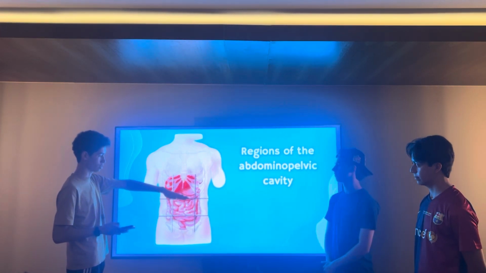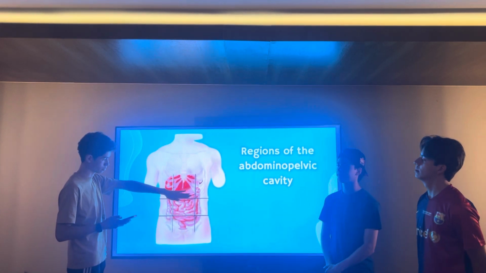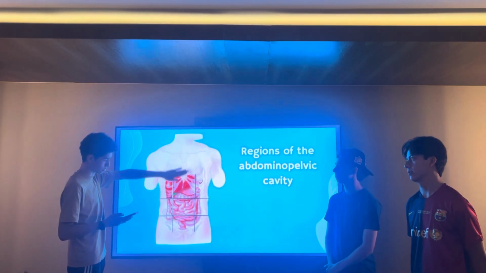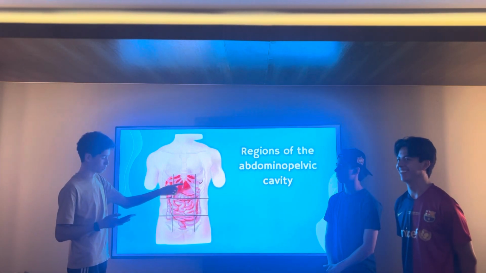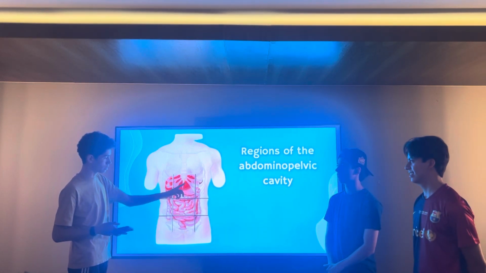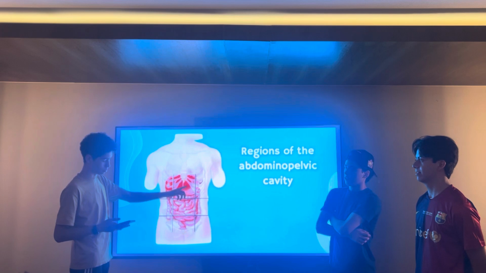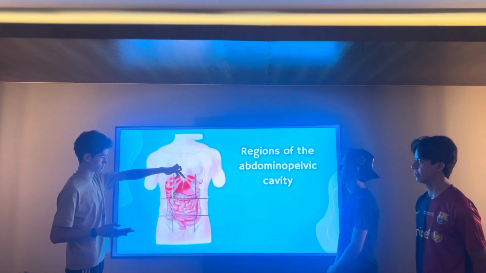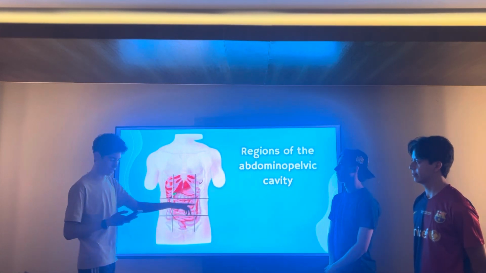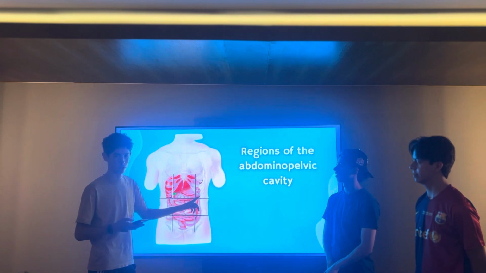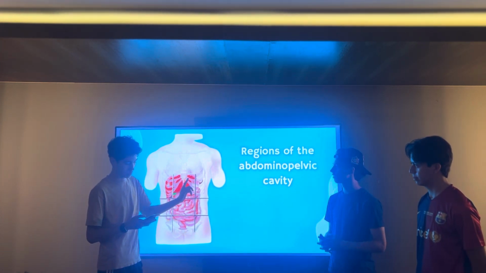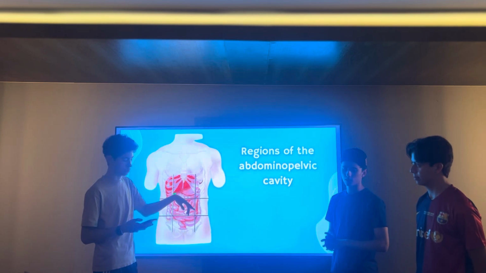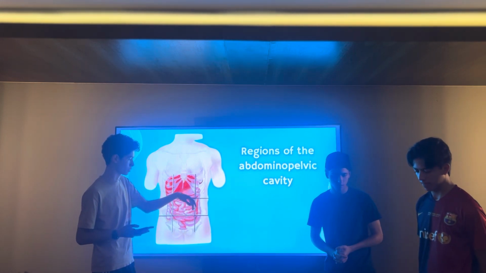It's located right on the upper side of the sternum. This is the sternum, and this is the trachea. It contains parts of the stomach, the liver, the pancreas, and portions of the duodenum, which is like this part. Then we have the left hypochondriac region, which is located beneath the lower ribs on the left side, and it contains also parts of the liver and the stomach.